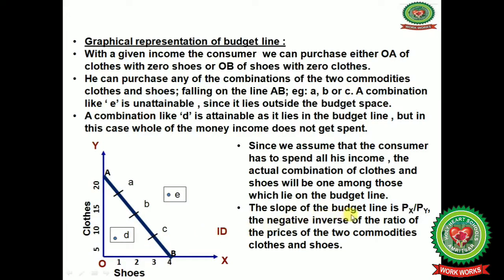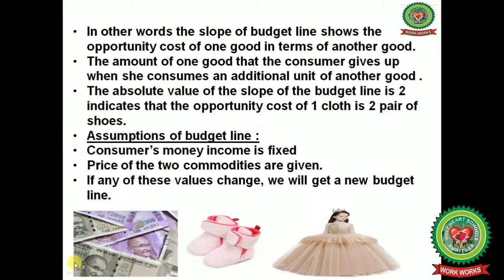The slope of the budget line is the ratio of the price of X commodity to the price of Y commodity, the negative inverse of the ratio of the prices of the two commodities, that is clothes and shoes.